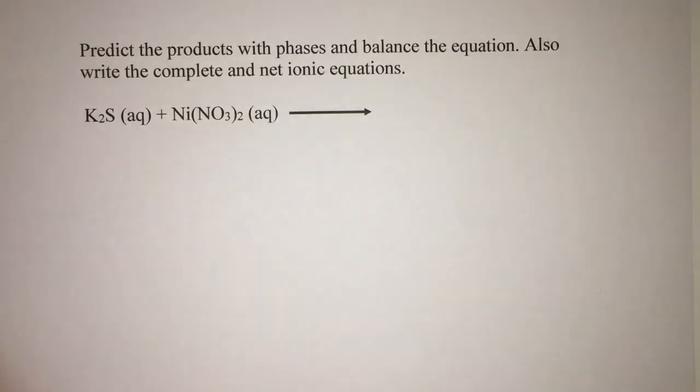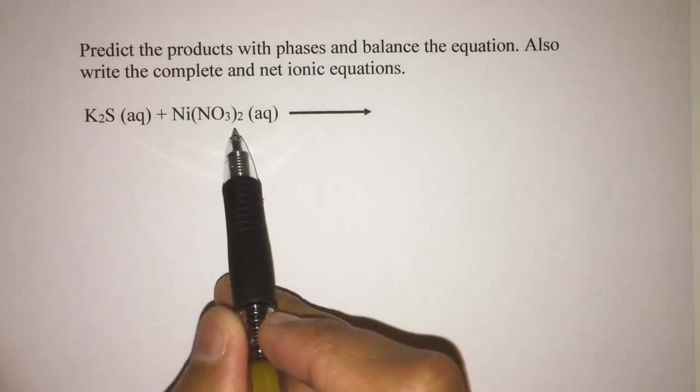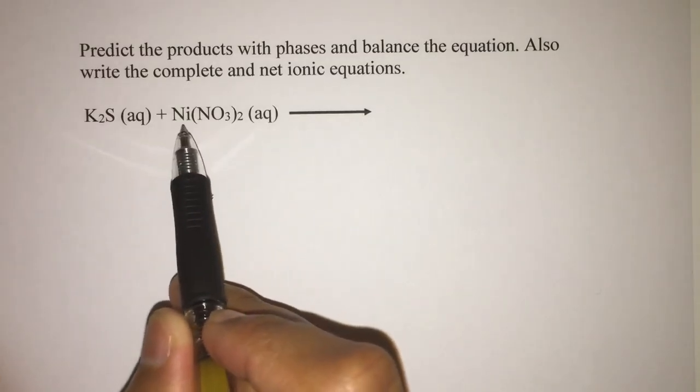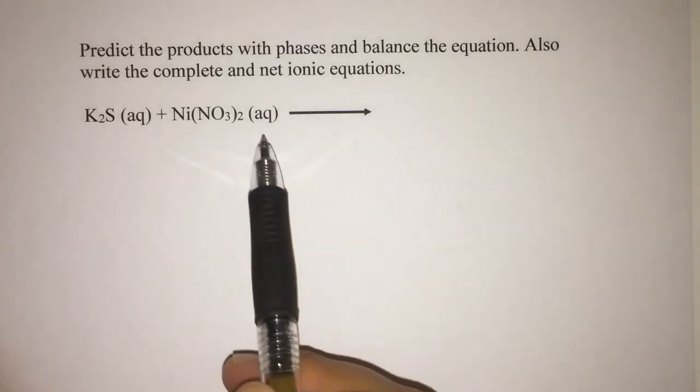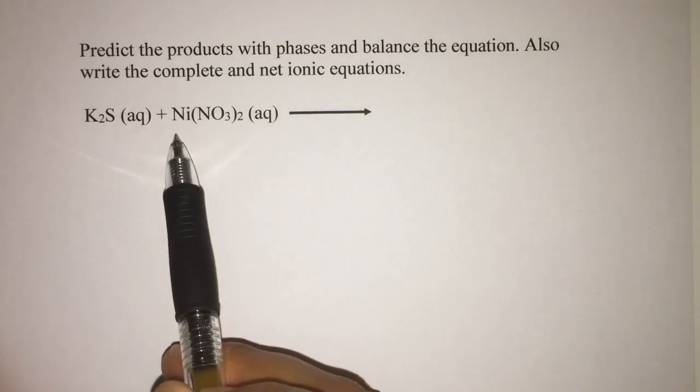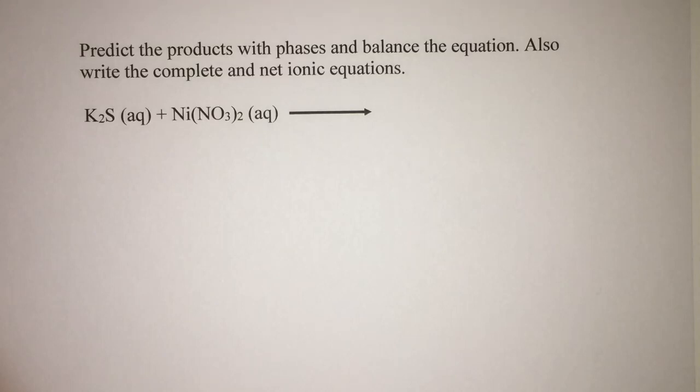Nitrate is always a -1. There are two nitrates. That means in order for those charges to balance, the nickel has to be a +2. So that's how I know it's nickel 2 nitrate. This is also aqueous, so that's why I said that this was a solution, because that's what aqueous means.